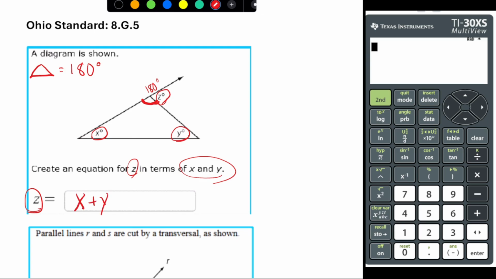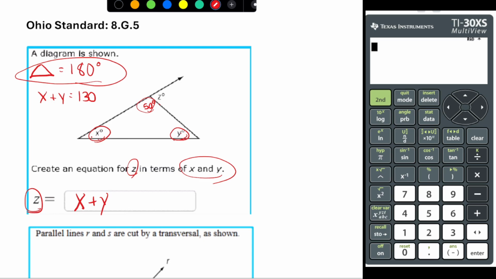Let me give you an example. Let's say that this angle is 50 degrees. If this angle is 50 degrees, that means that x and y have to add up to be 130, because there's 180 degrees in the triangle, and we're using 50 of them for this angle, so x plus y has to equal 130.